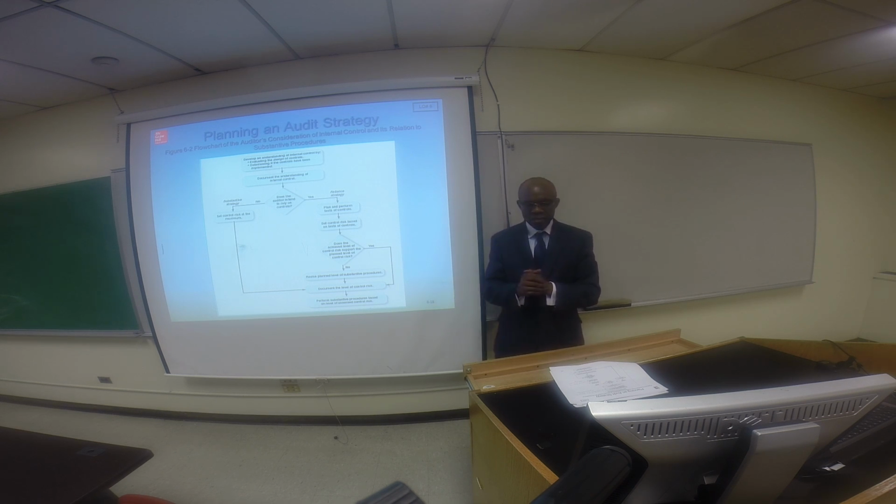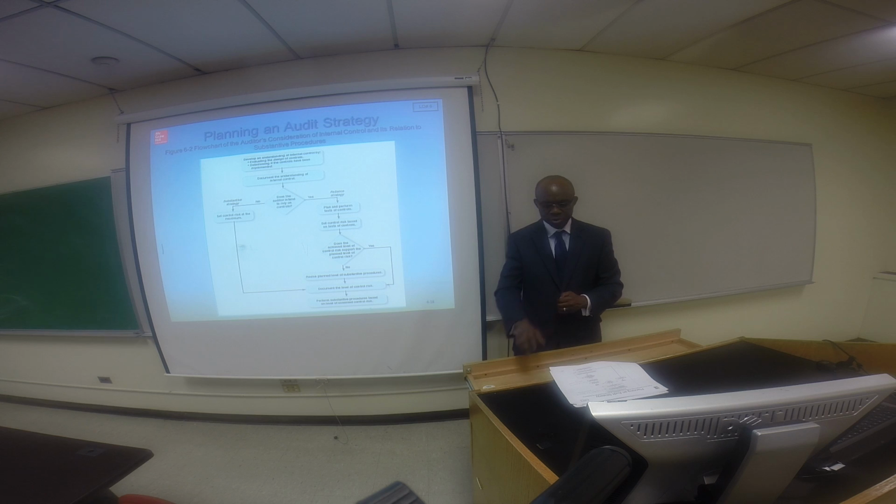Now, if that is not the case, then the auditor has to revise the planned level of substantive procedures, and then perform the substantive procedures. So that will be the conclusion of part 2 of this presentation.